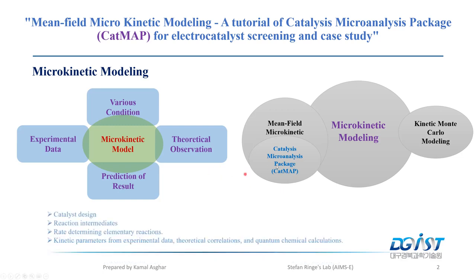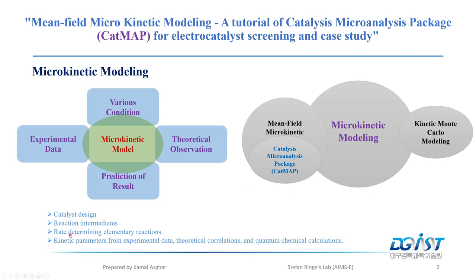With the help of the Catalysis Microanalysis Package, we can design different catalysts, and we will be able to identify reaction intermediates. How many intermediates are there during the reaction mechanism, and what are those species?